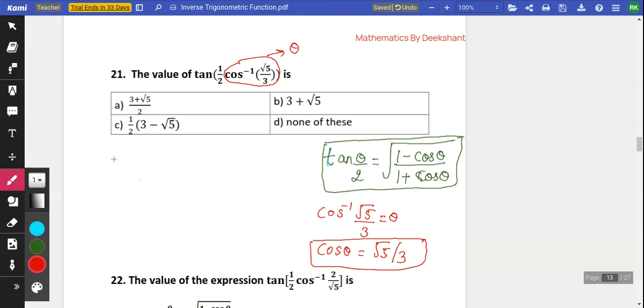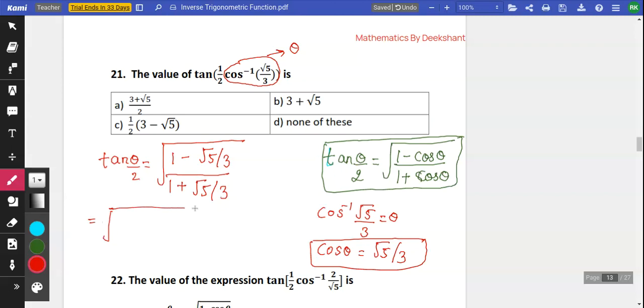Now use this formula of tan theta by 2. Tan theta by 2 is equal to the square root of 1 minus cos theta, where cos theta value is square root of 5 upon 3, upon 1 plus square root of 5 upon 3. After solving this, it becomes 3 minus square root of 5 upon 3 plus square root of 5. Now rationalize this term.